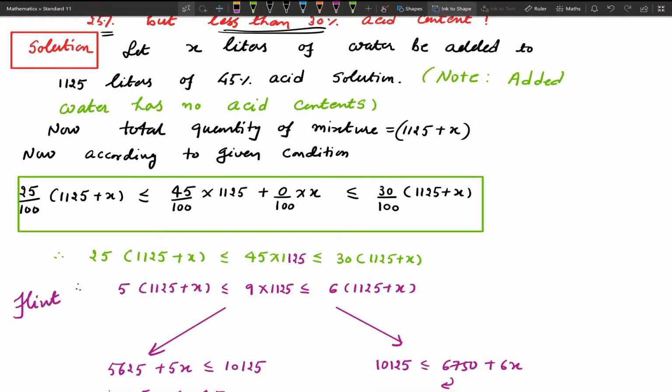You check the explanation. Suppose X liter of water be added to 1125 liters of 45% acid solution. Now we have added X liter of water, but you note that the added water has no acid content. So the total quantity of mixture is 1125 plus X which we have added.